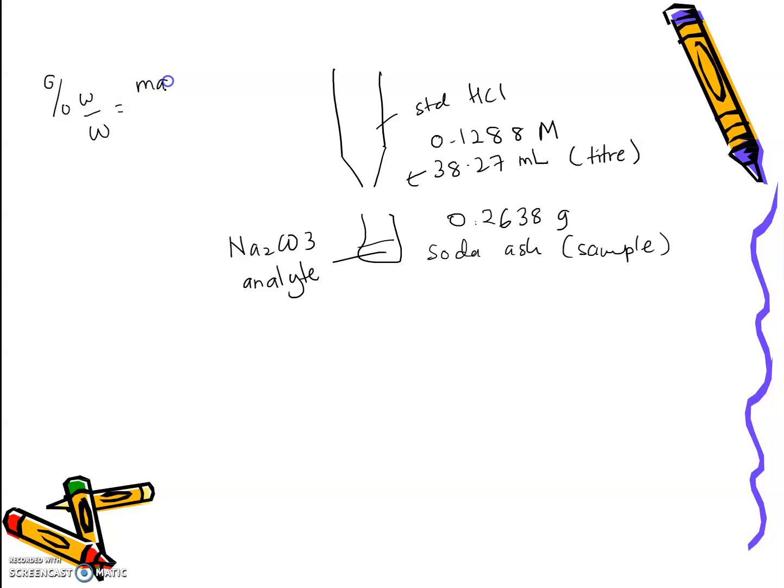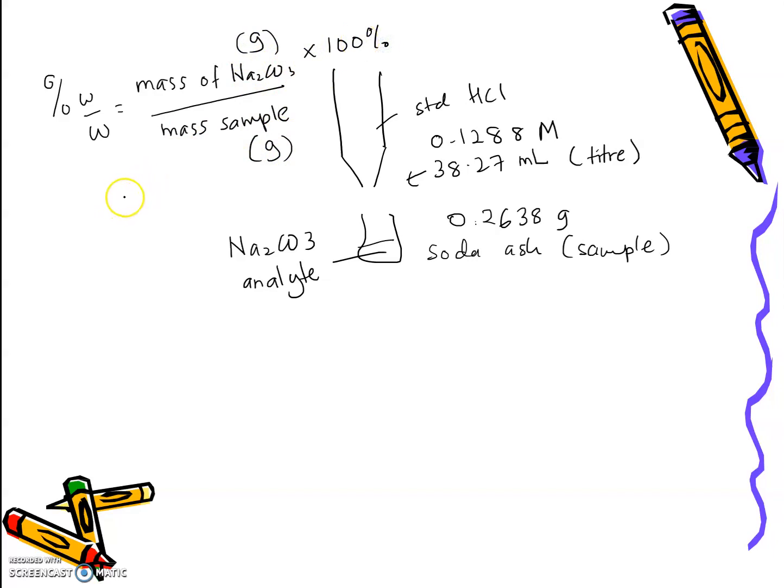So mass of analyte, or mass of sodium carbonate, over mass of sample, both in gram unit, times 100%. Okay, actually the percentage weight over weight, the formula you learned previously in chapter 1. Okay, percentage weight per weight, weight per volume, volume per volume.